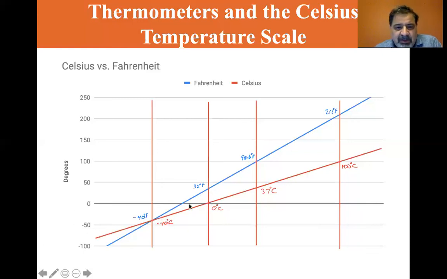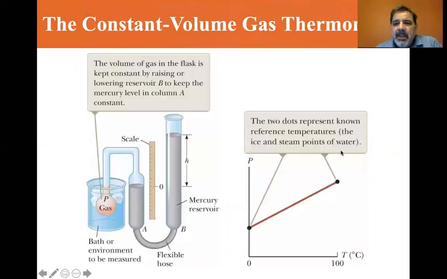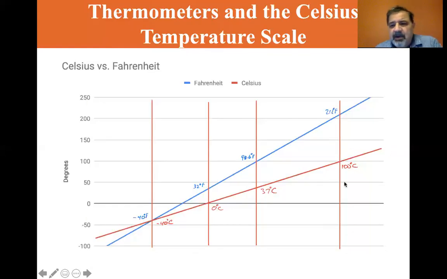And then at 0 degrees C, the red is Celsius, we have 32 degrees F. At 37 degrees C, we have 98.6, body temperature. That's another one to remember. And then at 100 degrees C, we have 212 degrees Fahrenheit, the boiling point of water.